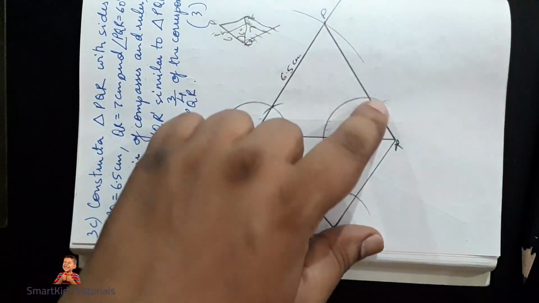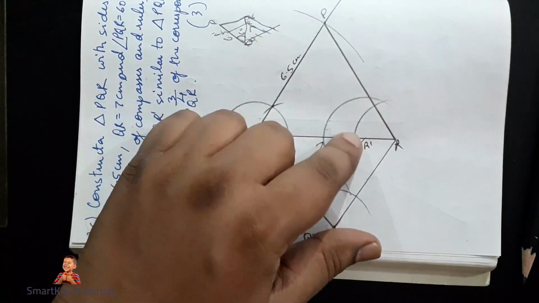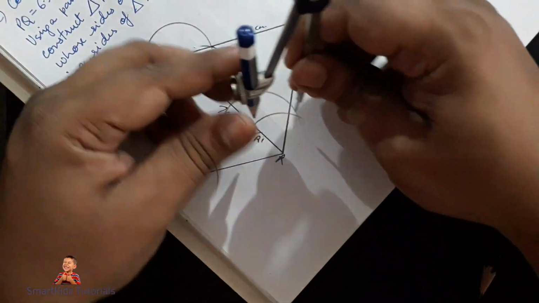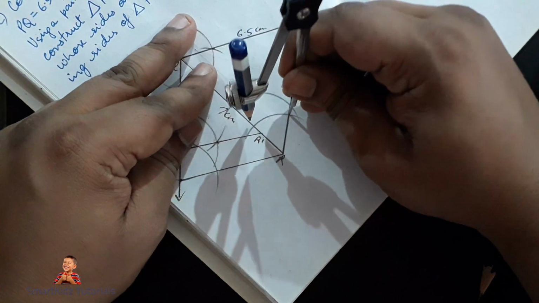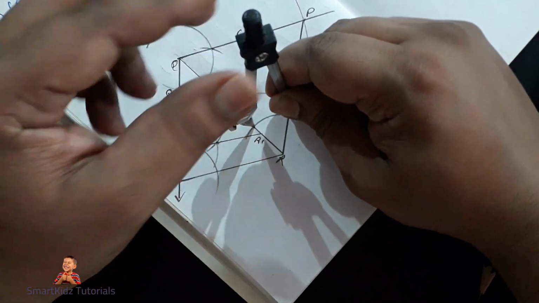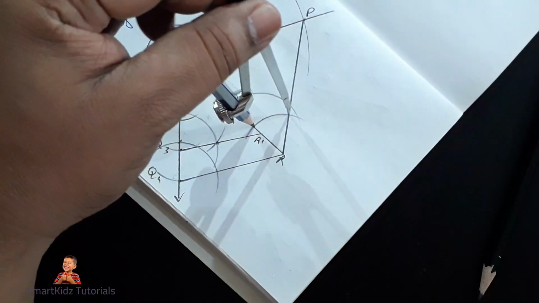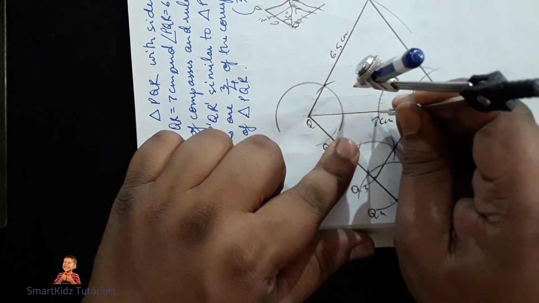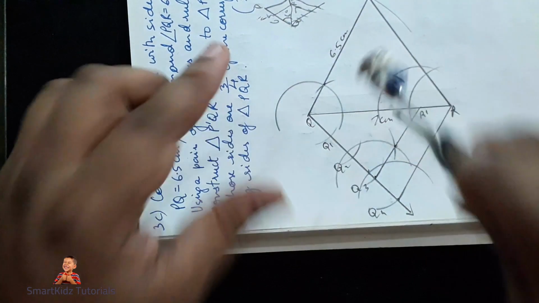Now measure this arc cutting both the lines of this triangle. So here you go. Here. Using that same measurement I'm going to keep my compass here where the arc cuts this line and cut this arc like this.